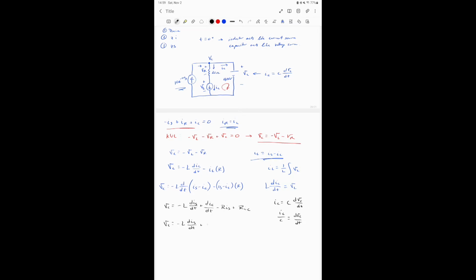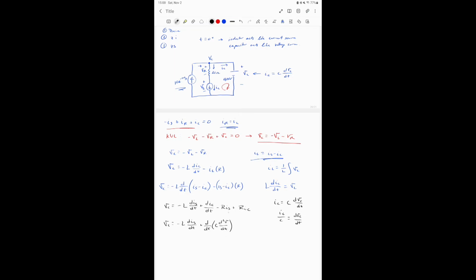And actually, let's put d over dt times the derivative of IC, which would be this right here. So let's do the derivative of this part right here.